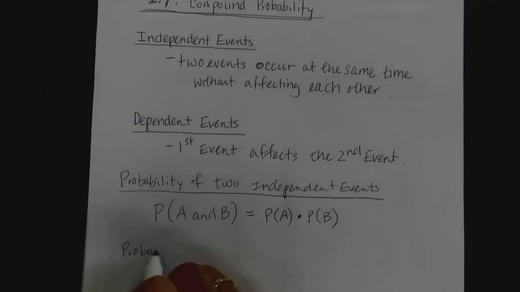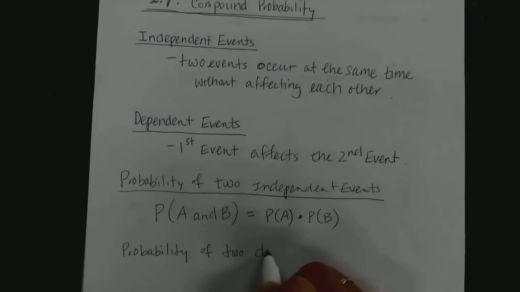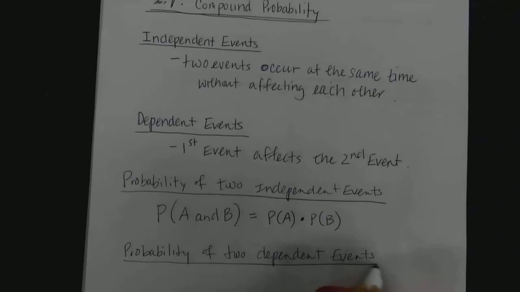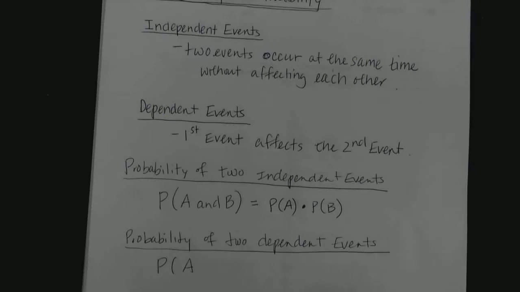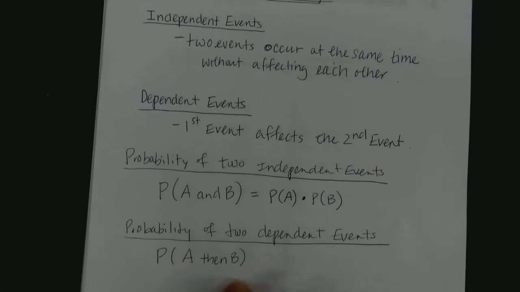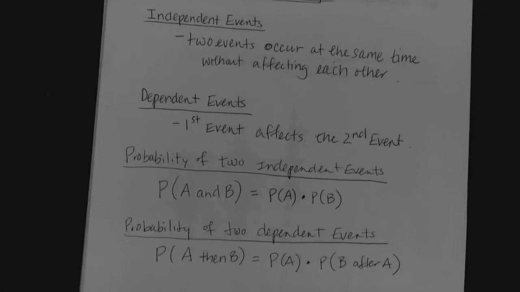And then the probability of two dependent events, they write it as A, that's your first event, then they use the word then, and then B happens because A affects B. And this one you do the same thing: find the probability of A, and then multiply by the probability of B after event A has occurred.